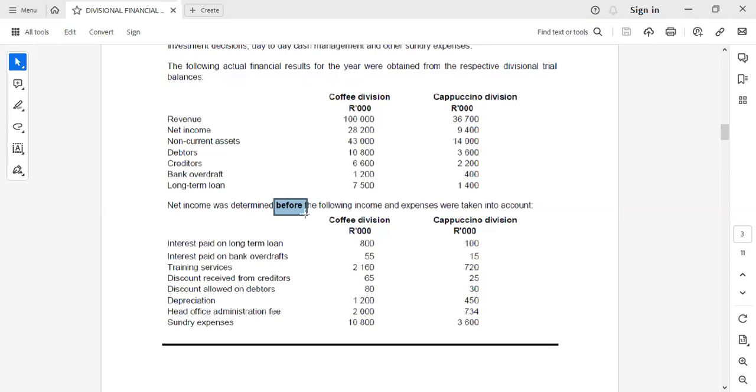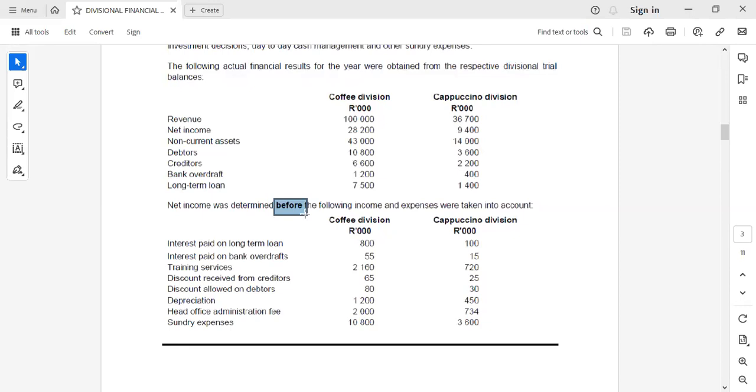So you will be mainly interested in the relevant items which are supposed to be included. But if they say after, the following were taken into account, now your focus will be in the opposite direction. You will now be looking for those things that have been taken into account, which were not supposed to be taken into account, and then you reverse them. So you'll be doing a reverse process.